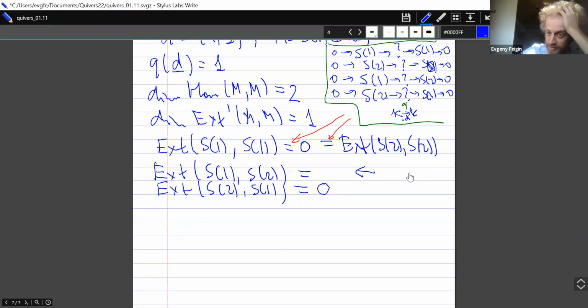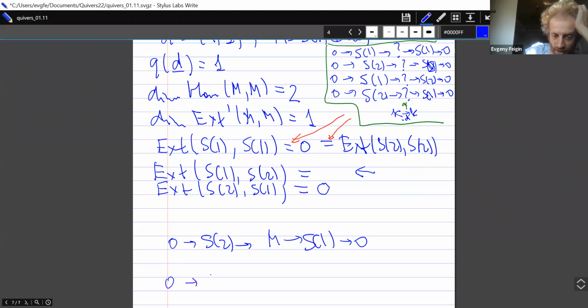So the question is, is there anything else? What are possible sequences of the form 0 to S2 to M? You remember that we are looking at the classes and we are saying that two are equivalent if we take this identity map and we are looking at an isomorphism phi here.